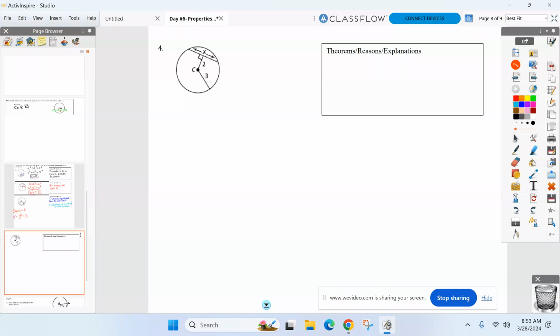I don't want to give anything away here. I want you guys to think where I could go next. Any help, thoughts here? What do you want me to do for this diagram? Because you're absolutely right, the chord's getting bisected, but not right now.